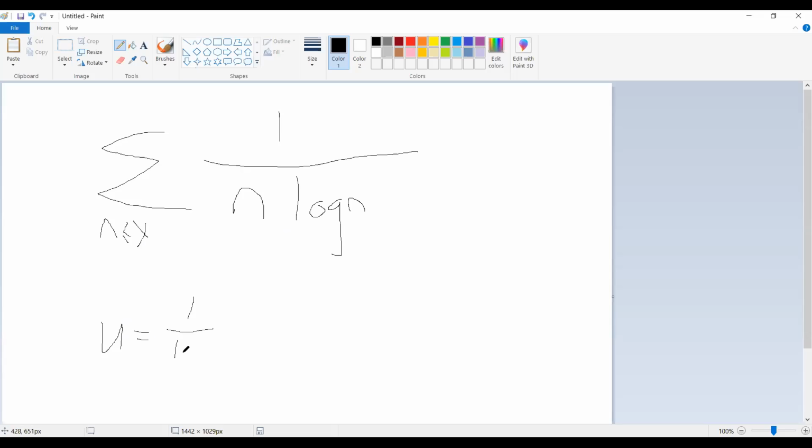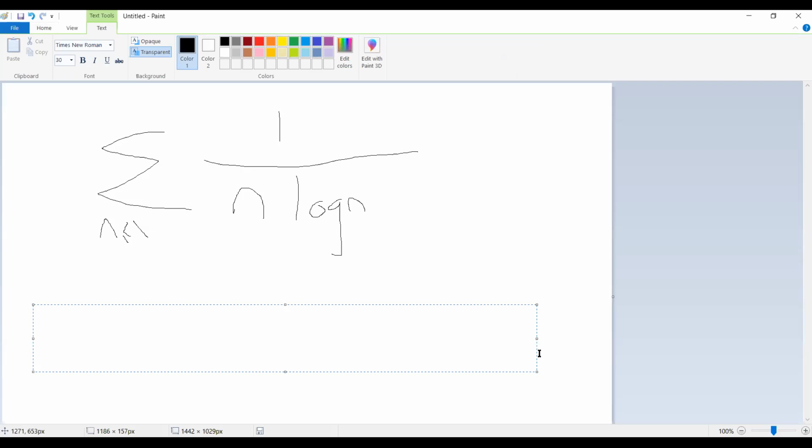Log n. It's just double log n. You want u to equal log of n. Is that what you said we should use? I'm saying that when you integrate it, that's what you get. Yes.